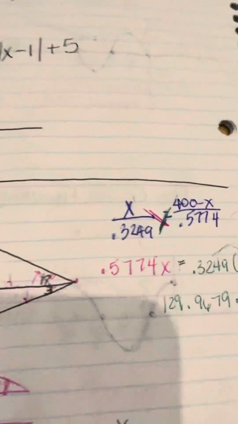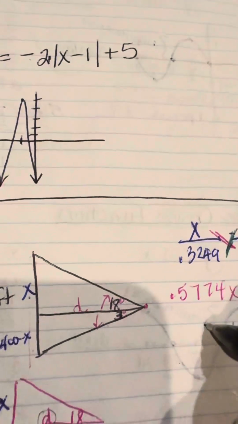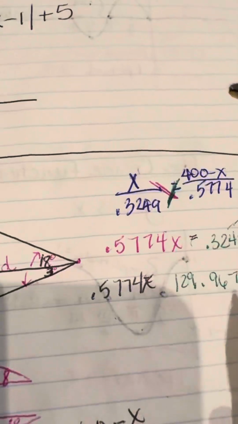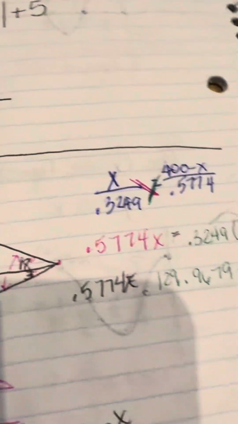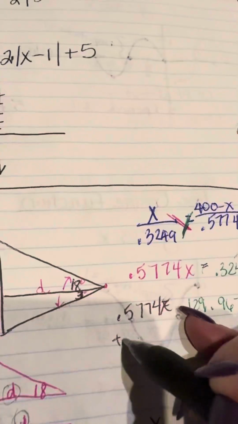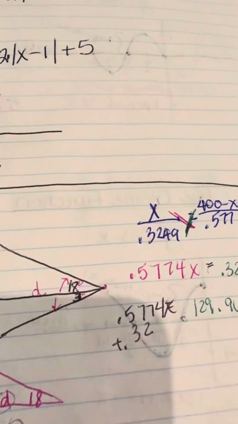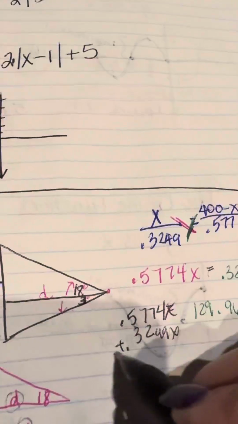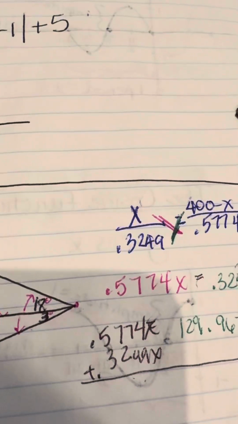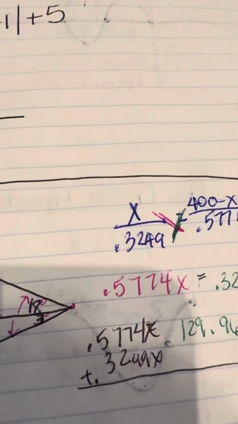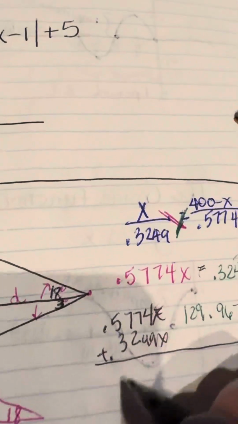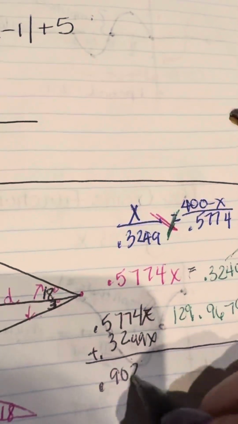I know they're yucky decimals. Life isn't all about really nice decimals, okay? Then I'm going to move all my X terms to one side, so I'm going to add this over. I'm just doing that on the calculator off to the side.